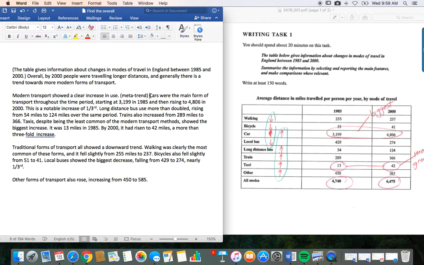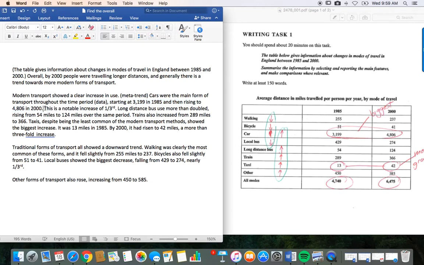Then I start with cars. Why? Because it's the biggest one. All right, as I said, 3,199, and it's gone up. Cars were the main form of transport throughout the time period. All right, this is what I said. Data. Starting at 3,199 in 1985 and then rising to this.